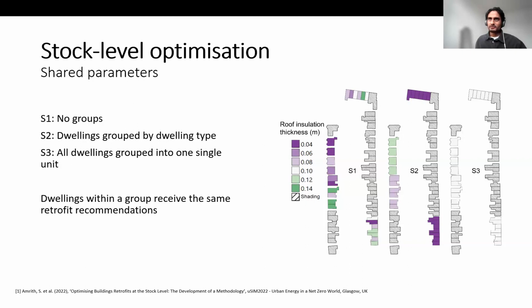So I suppose the answer to your question is you first have to determine what the real world problem is and what the constraints are in terms of how you're going to manage the implementation and the delivery of the retrofit, and what resources you have available to you, and what your stock looks like. And then you can determine a suitable grouping method in order to develop these standardized retrofit packages. I hope that makes sense.